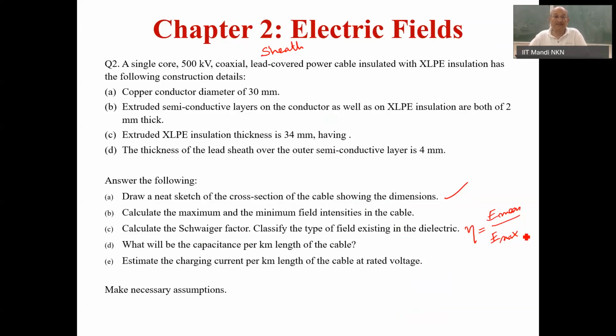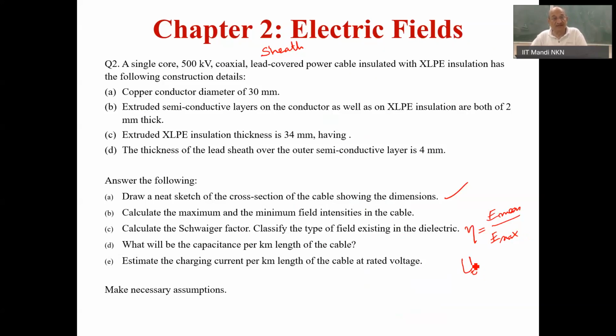That means between the phase and the ground, and that will not be 500 kV. Instead, it will be 500 divided by √3. That is the concept of U naught. I have given you that the potential difference across the dielectric you have to find out, and that is not U, the rated voltage.